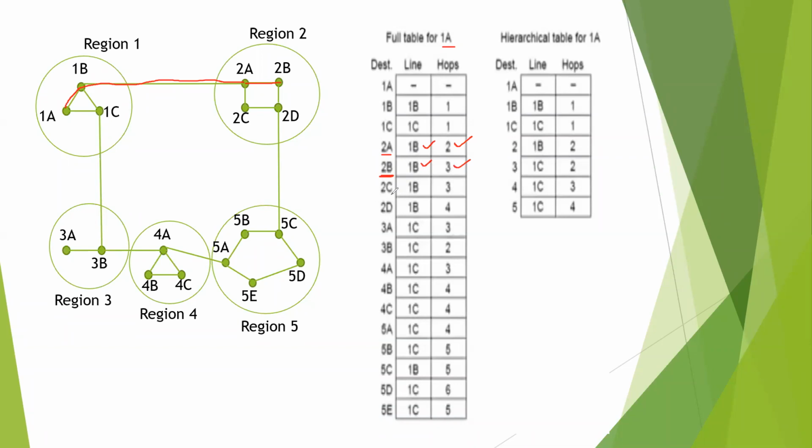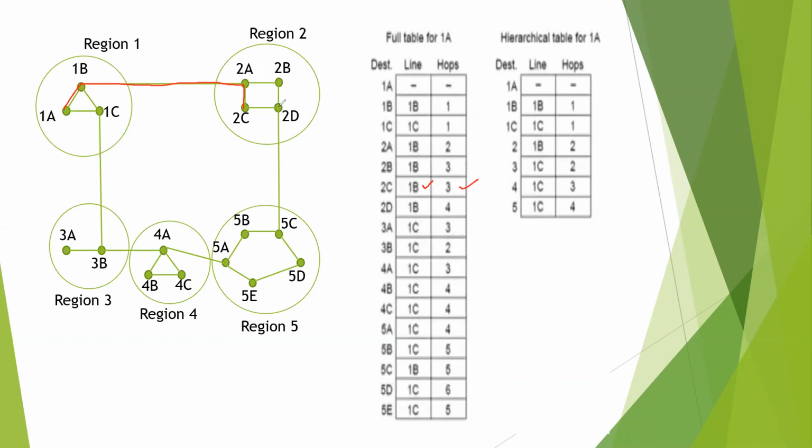Similarly, if we go on calculating, if I want to reach 2C, then again it will take 3 hops, because it has to go from 1A to 1B, then to 2A, then to 2C. So 2C is 3 hops. The line is 1B itself. For 2D, I have to go either 1B, then 2A, 2B, 2D.